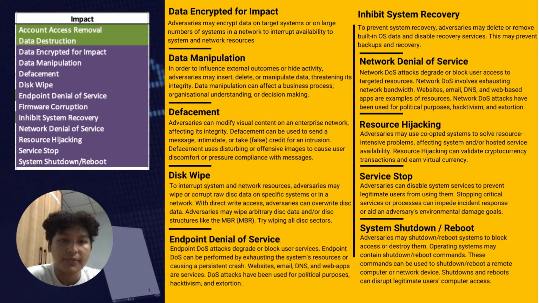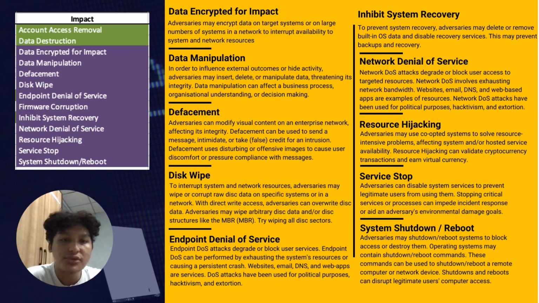Resource hijacking. Adversaries may use co-opted systems to solve resource-intensive problems affecting system and or hosted service availability. Resource hijacking can validate cryptocurrency transactions and earn virtual currency, for example.